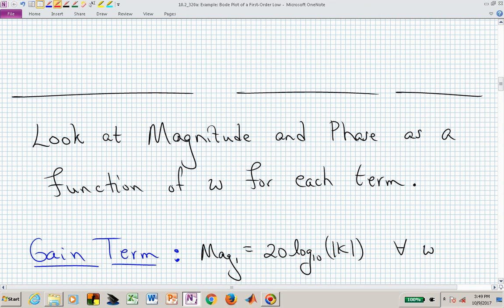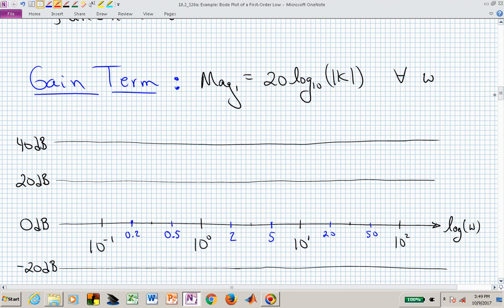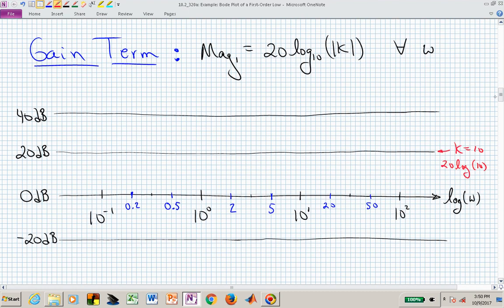No matter what omega you pick, the magnitude associated with this constant term is 20 times log base 10 of the magnitude of K. Now, if K actually ended up being 10, then 20 times the log of 10, the log of 10 is 1, so that's going to put you at 20 dB, that particular flat line in this sketch of dB versus frequency.